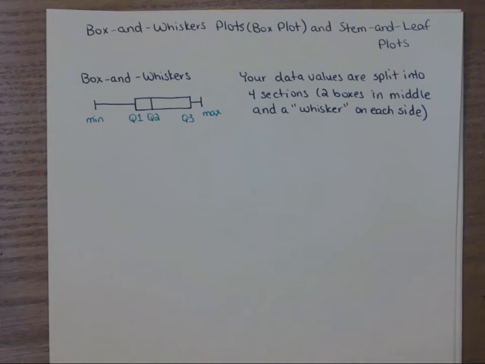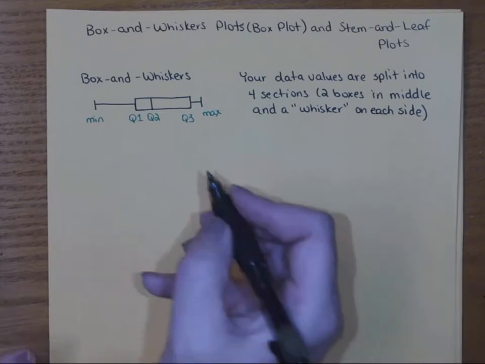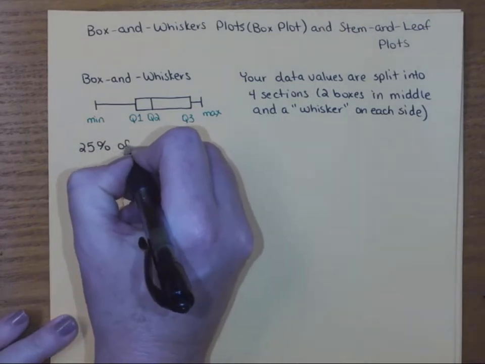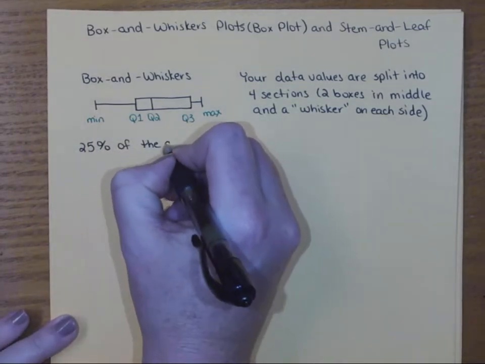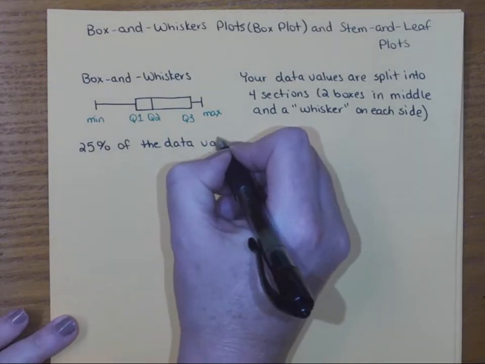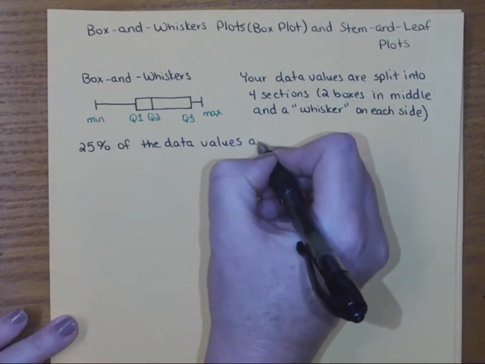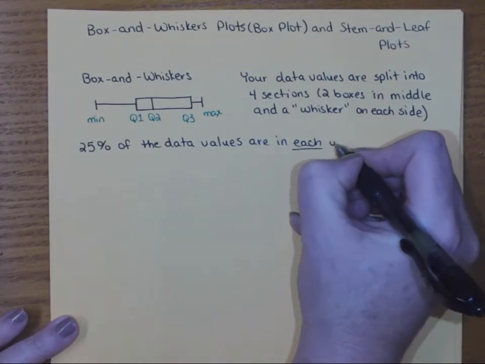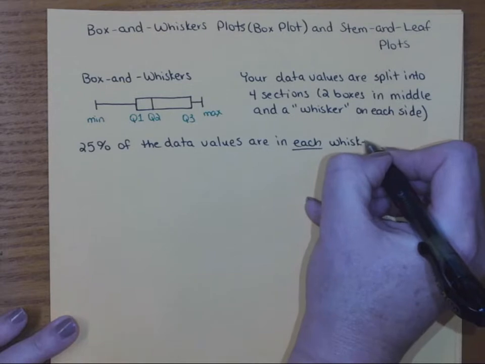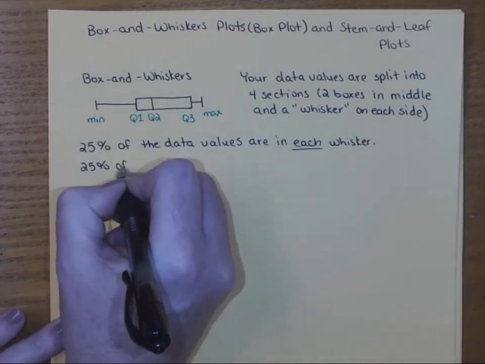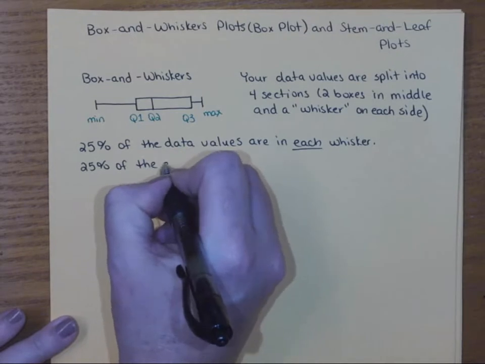Because your data values are split into 4 sections, they are split equally. In other words, 25% of the data values will be in each of the 4 sections. So 25% of the data values are in each whisker, and 25% are also in each box.